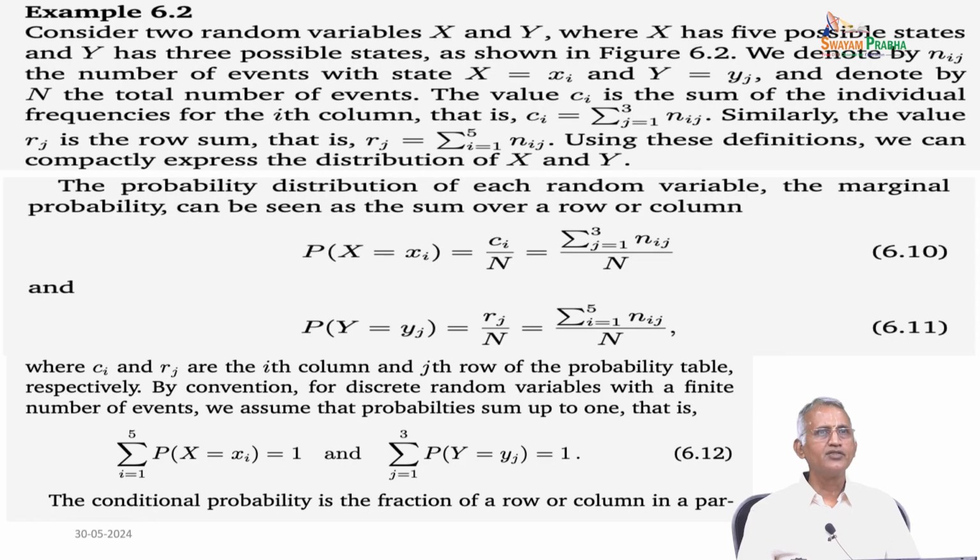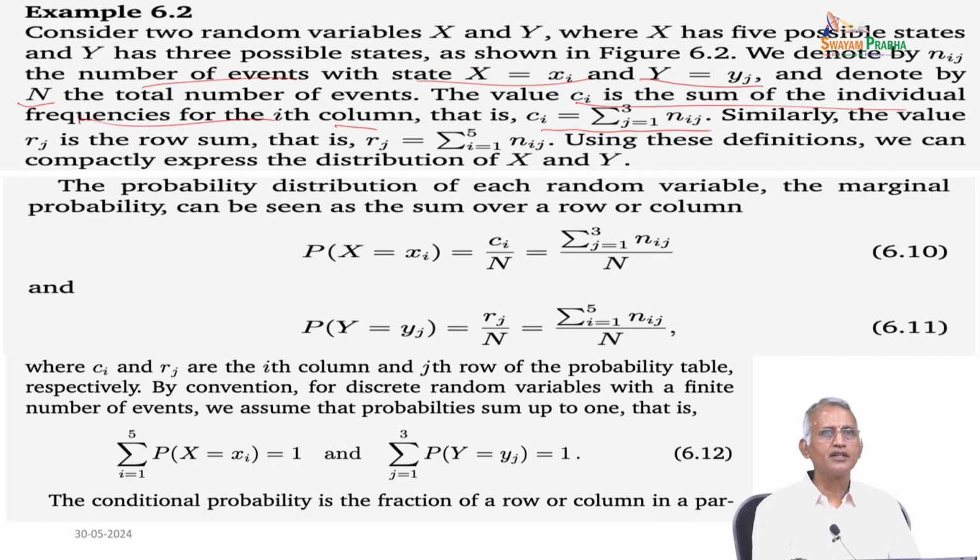We denote by nij the number of events where capital X equal to xi and capital Y equal to yj, and we denote the total number by capital N. The value Ci is the sum of the individual frequencies of the ith column, Ci equal to summation j equal to 1 to 3 of Nij. Similarly, Rj equal to summation i equal to 1 to 5 of Nij, meaning Rj is the row sum.